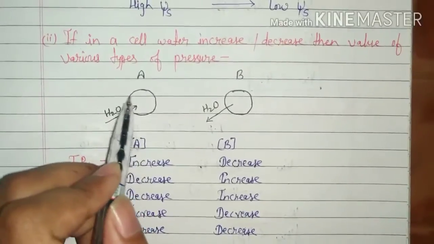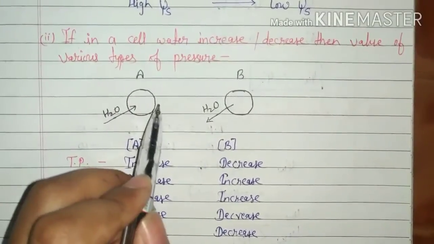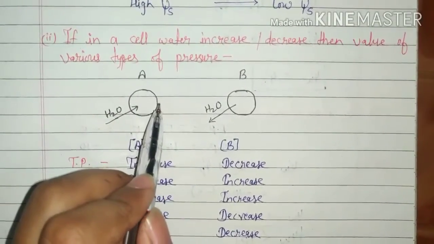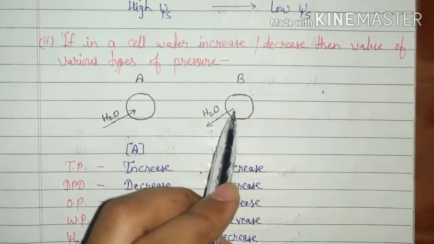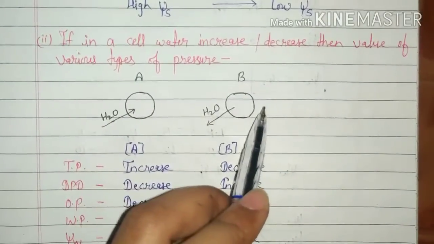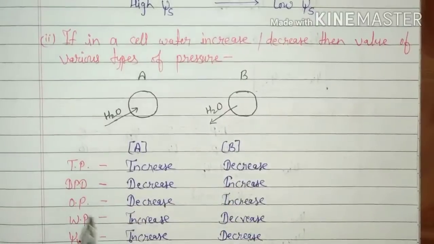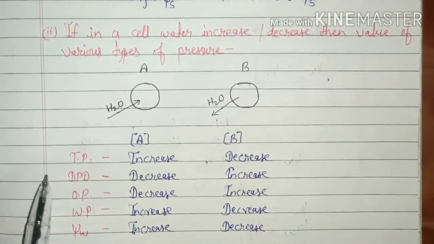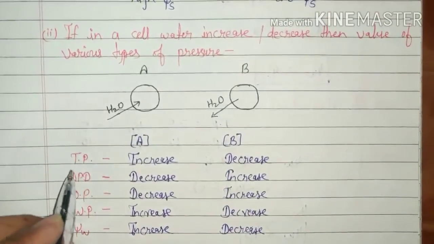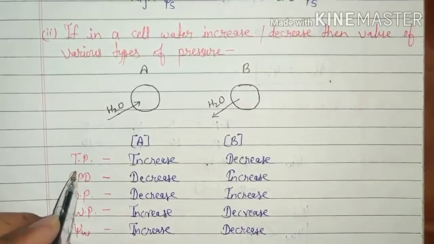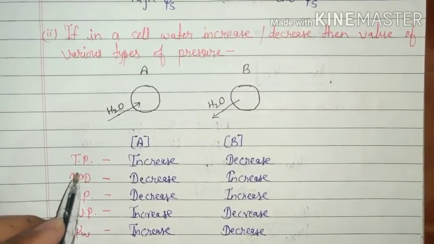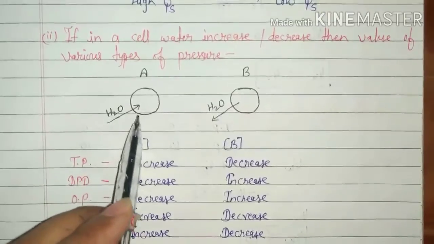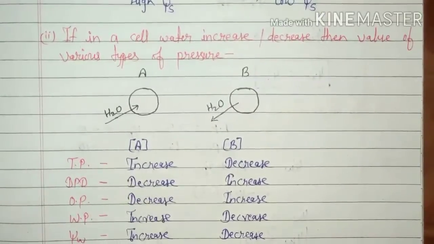Because cell A is placed in hypotonic solution and cell B is placed in hypertonic solution. Let's see the value of various pressures in both cells.